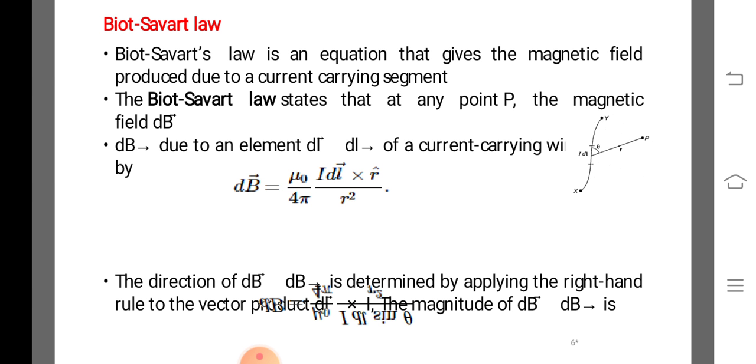In magnetostatics, B and H are related as B equal to mu H. So we conclude that B equal to mu naught mu R H. Mu is absolute permeability. Mu naught is the permeability of free space, that means 4 pi into 10 power minus 7 henry per meter. Mu R is relative permeability.